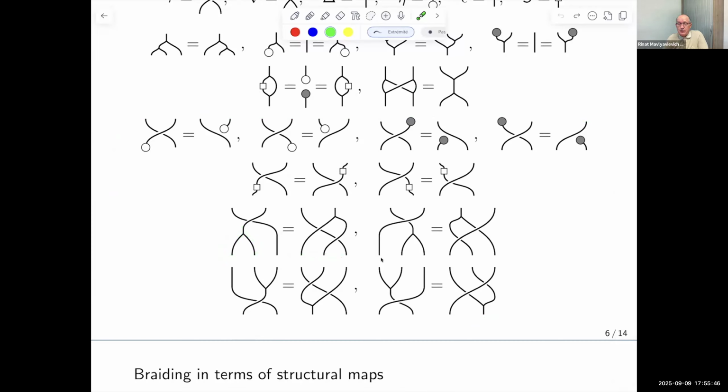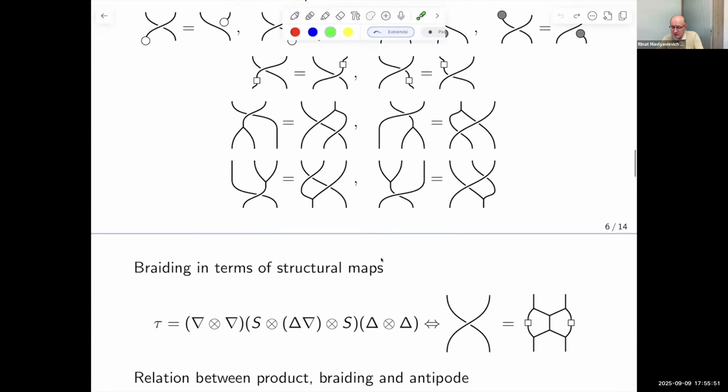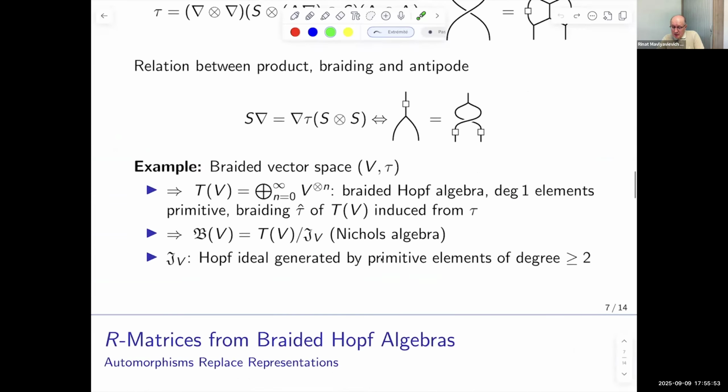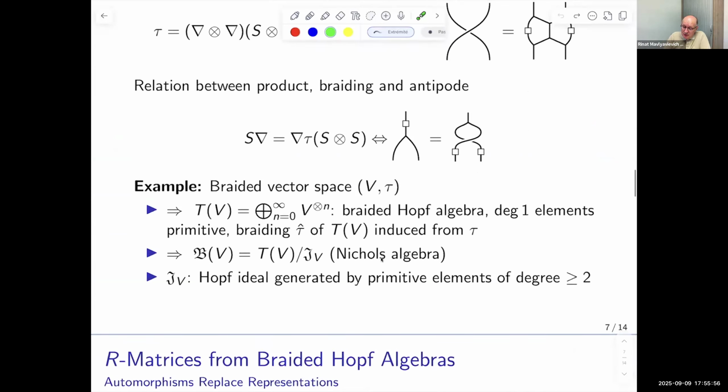So effectively, there is some fusion procedure going on when you take tensor powers of the vector space V. Okay, so this is the first example. As an algebra, this is a huge free algebra on, say, a chosen basis of the vector space V, but we can reduce it by quotienting by some Hopf ideal generated by primitive elements of degree 2 and bigger.